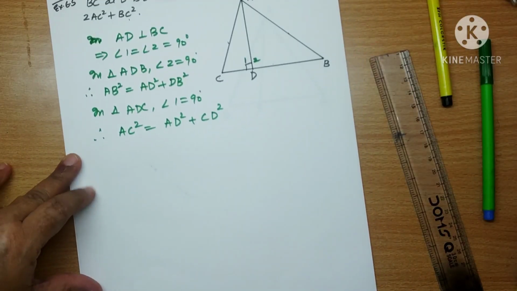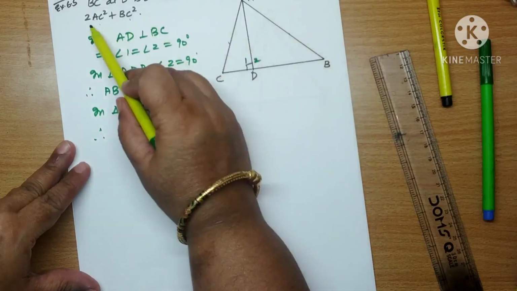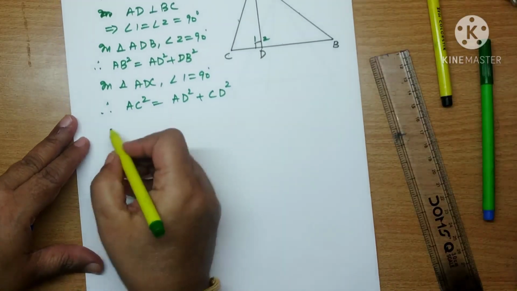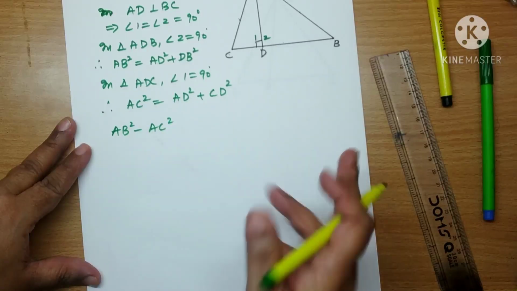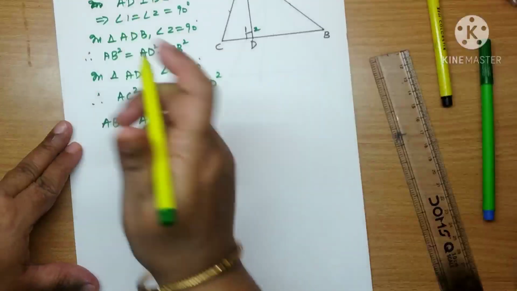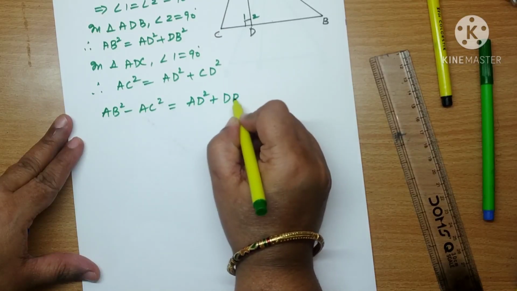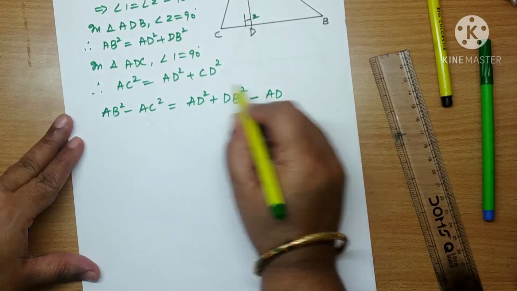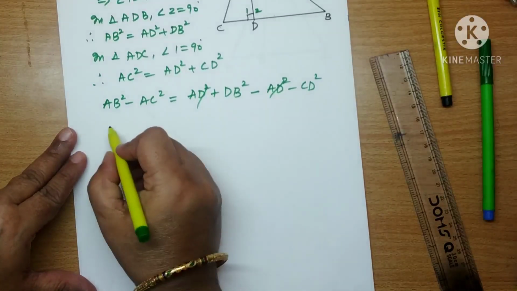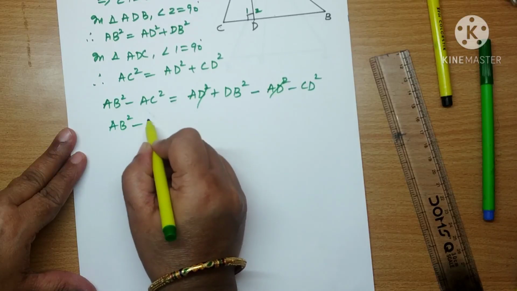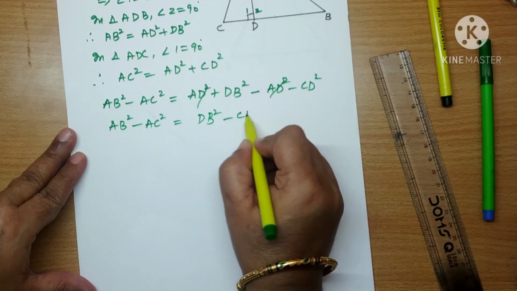Now in the given relation, I have 2AB square and 2AC square on opposite sides. So if we do AB square minus AC square, they will be on opposite sides. That means we need to subtract: AD square plus DB square minus AD square minus CD square. This goes away. So I have AB square minus AC square equal to DB square minus CD square.